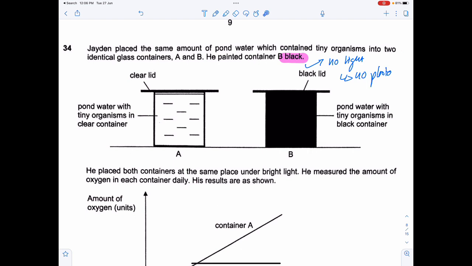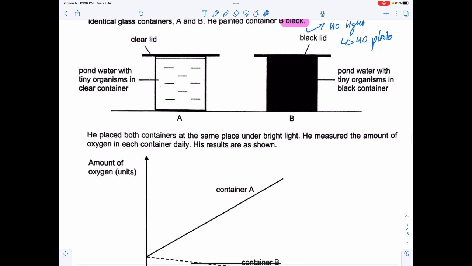Absorb more heat. Right? These are the instances whereby you can think of why black. So sometimes, as you read on, maybe it's not photosynthesis, it's heat. But it doesn't matter. It gives you a bit of an idea. Certain ideas should start popping in your mind already to help you understand the question.